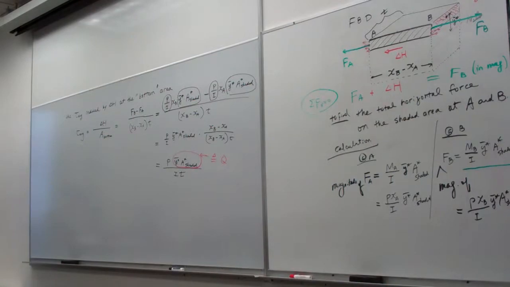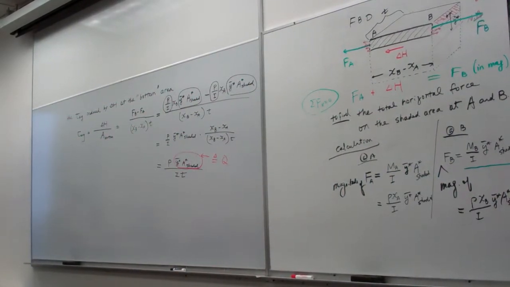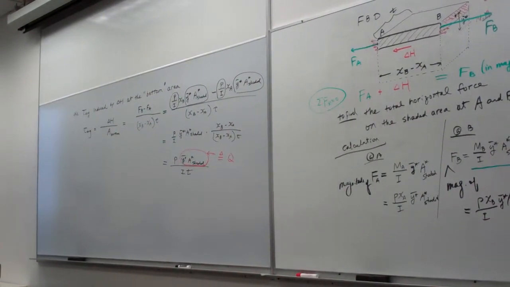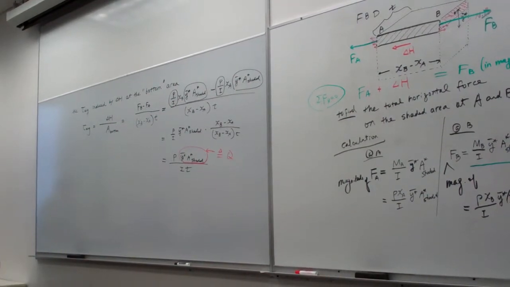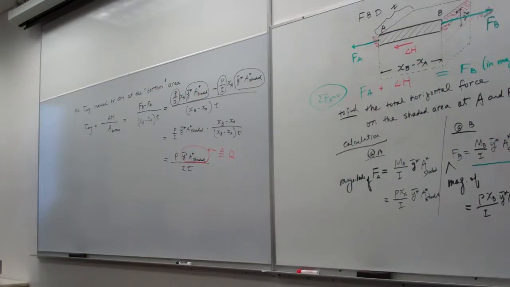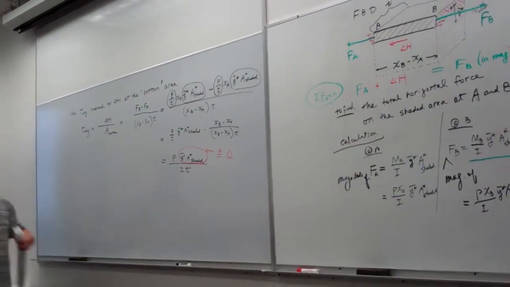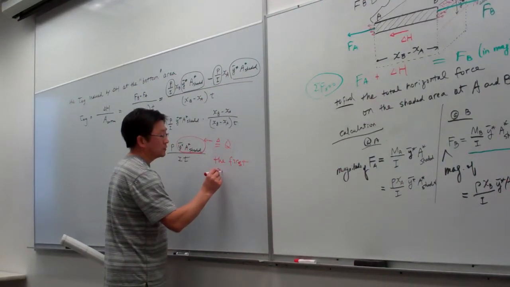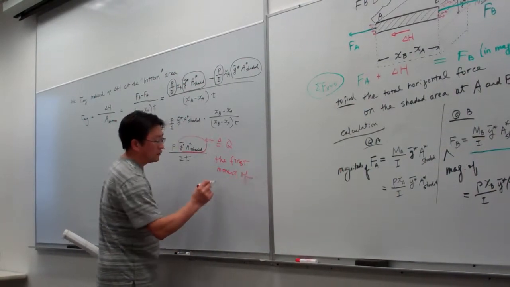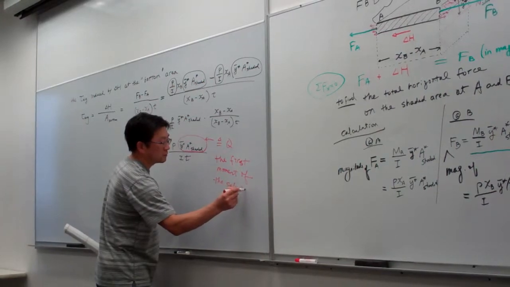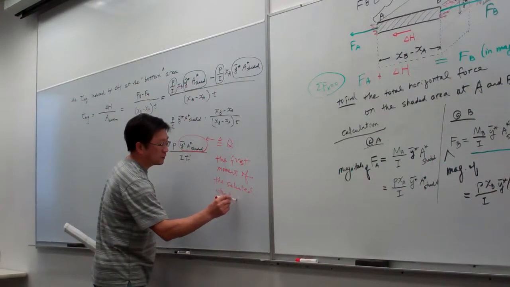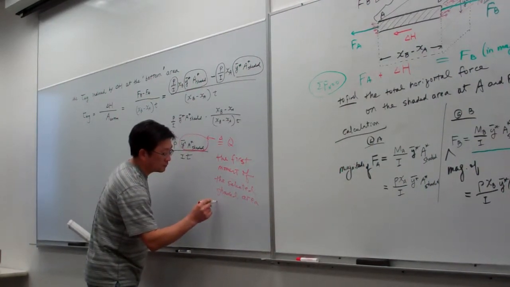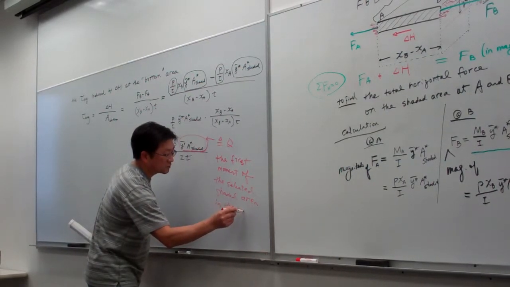What is Q? It has a long name: the first moment of the selected shaded area in the cross section.